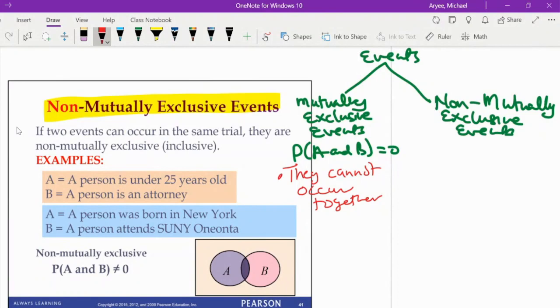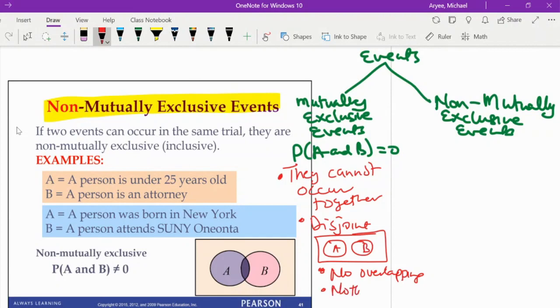Meaning that they are disjoint. Like if you have a set, there is no overlap, no overlapping space. So this is A, this is B, nothing in common.